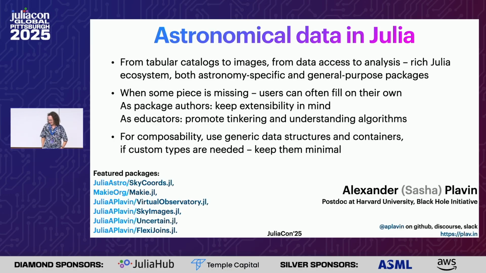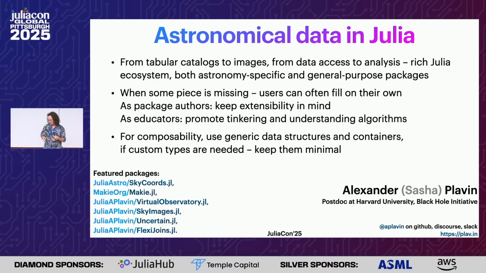So to sum up, I think that we have a rich Julia ecosystem for working with astronomy catalogs and data sets, from tabular catalogs to images, from data access to analysis. Both astronomy-specific and general-purpose packages can be used for that.